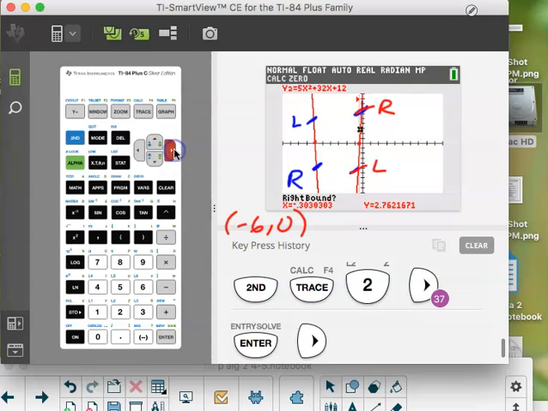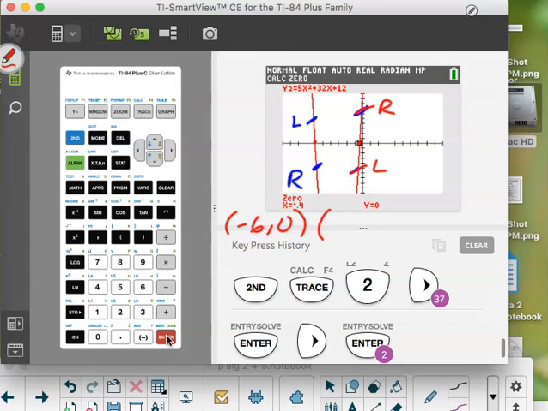I use my right arrow to go above the x-axis, and I hit enter, and I hit enter through guess. And that turns out to be a negative 0.4. So, without having to factor it, I was able to figure out that the two zeros for this one are negative 6 and negative 0.40.